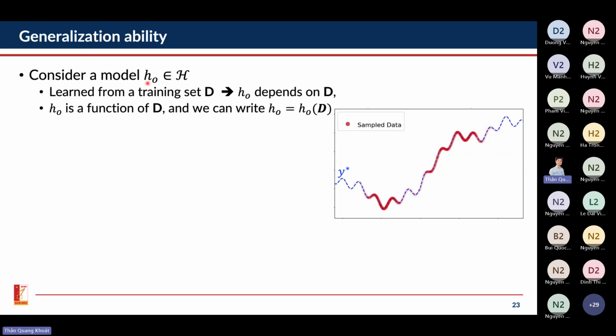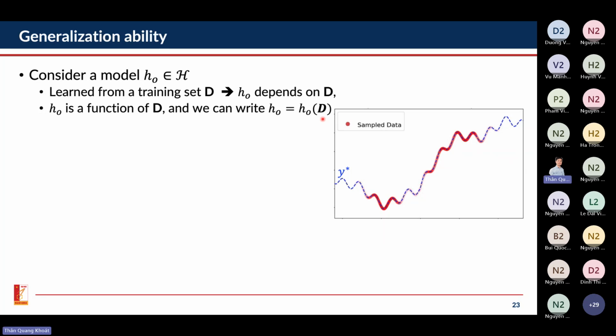Let S0 denote the trained model. And it is trained from a training set D, right? It means that it is a function of the training set. It depends on the training set, right? So sometimes we can write something like this to show that this function depends on a data set D, right?